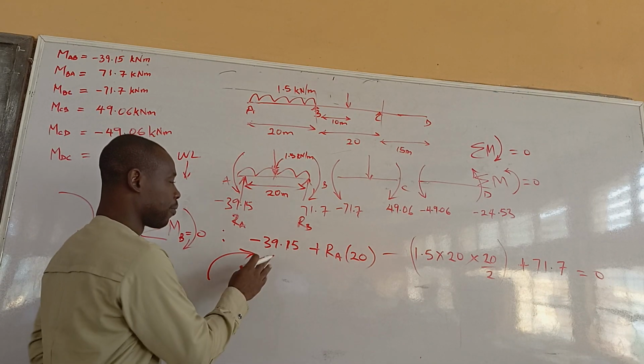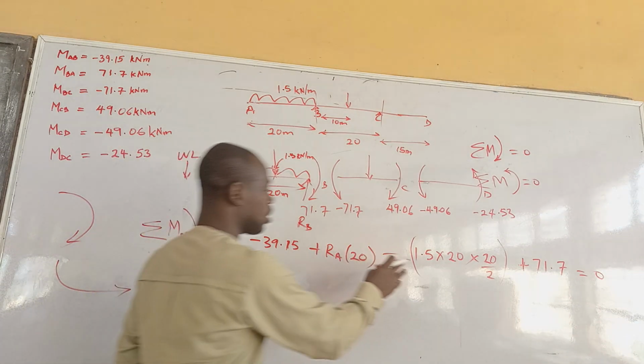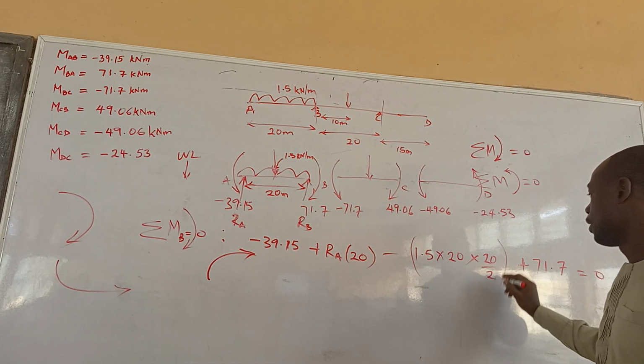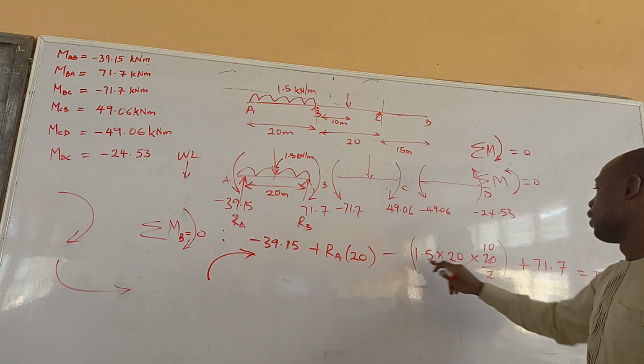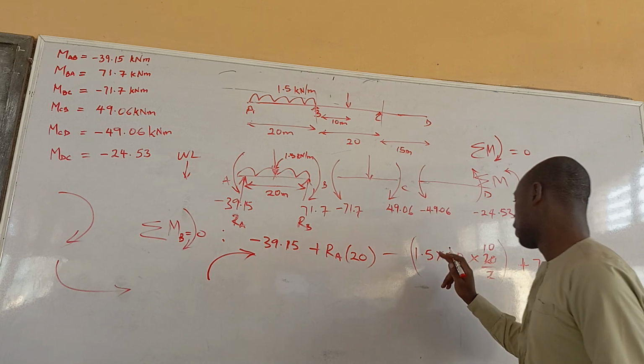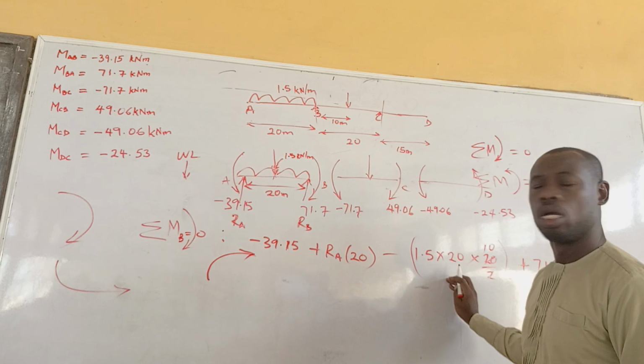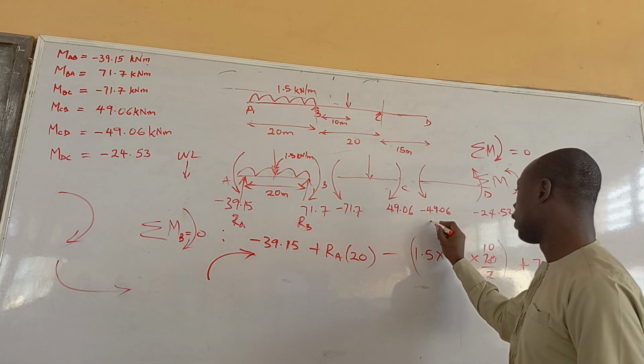Now, from here, let me do this one. This times this will give us what? Let's say this is 10. That's 50 times 20. 50 times 20 is what? 30. Are you sure? 1.5 times 20 is 30. That's 300. We have 300 here, right?